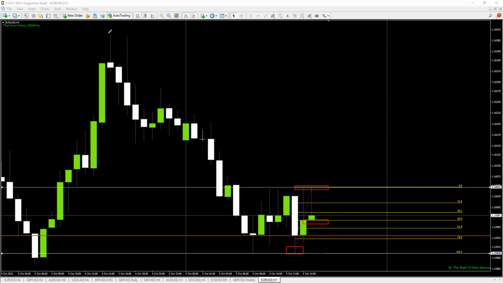So this would be a 0 coming down. This would be a 0 coming up. This would be a 0. And this is how fractals work. All right, you need 5 points for a fractal to pop up. You need 0, -1, -2, +1, +2.